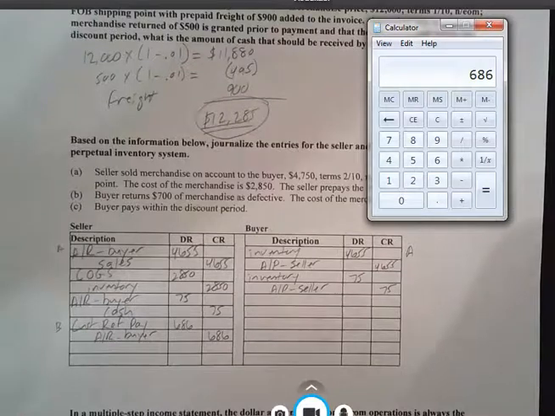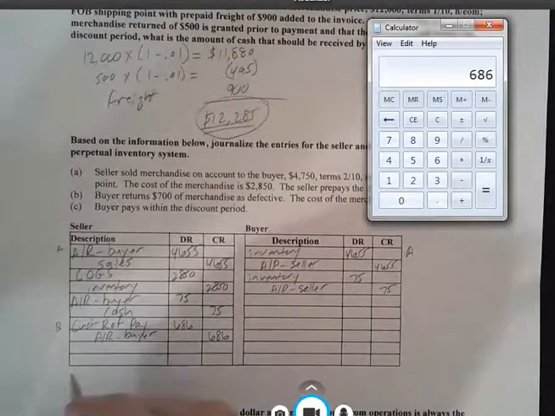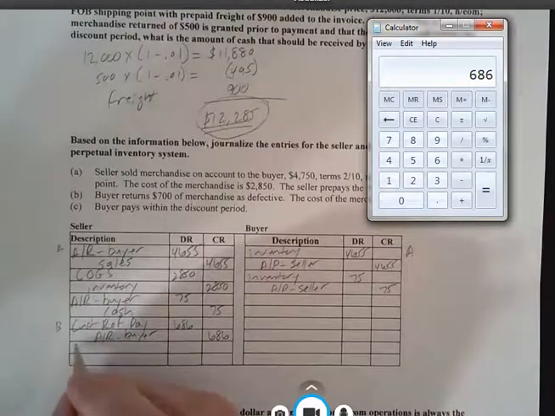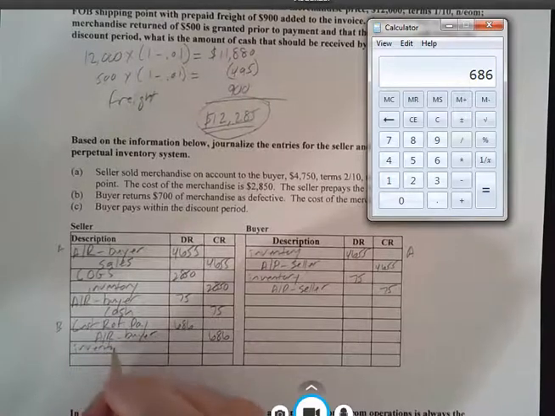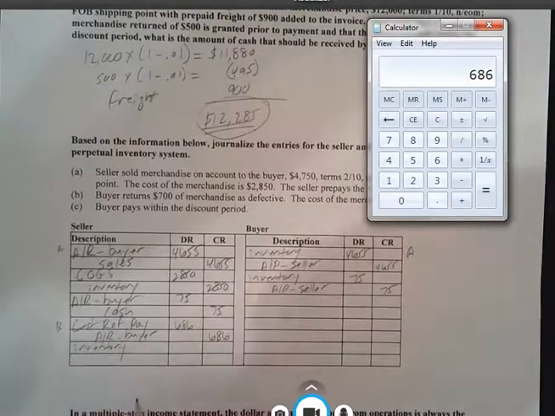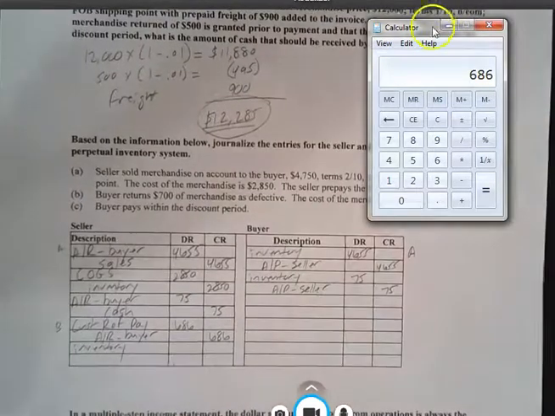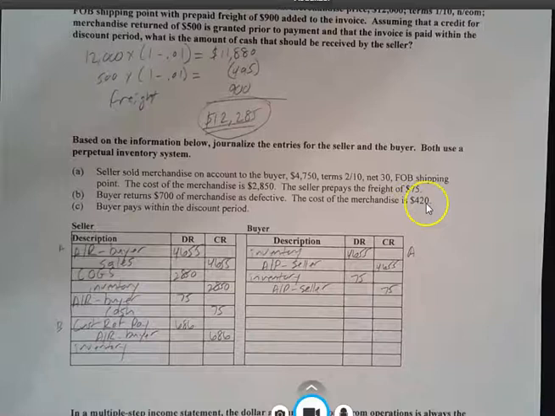Now this merchandise is defective, but we're going to deal with that later. Not in this particular exercise, but that's something that the seller has to deal with on their own. So we're getting the inventory back, even though it might be defective. And our cost in that inventory is $420. Cost of the merchandise is $420.